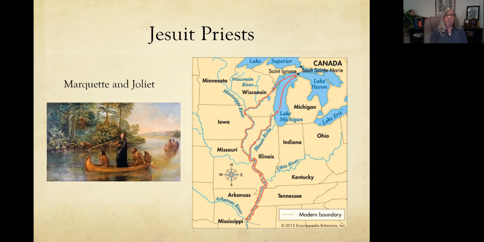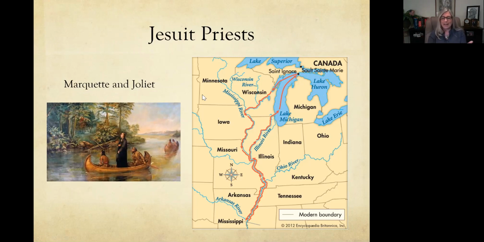So Father Jacques Marquette, over here, he's one of the Jesuit priests. He and Louis Joliet, who is an explorer, are going to set out in a canoe with some of the Indian guides to go and find this big body of water that the Indians are talking about, because again, they believe maybe it's the Northwest Passage.